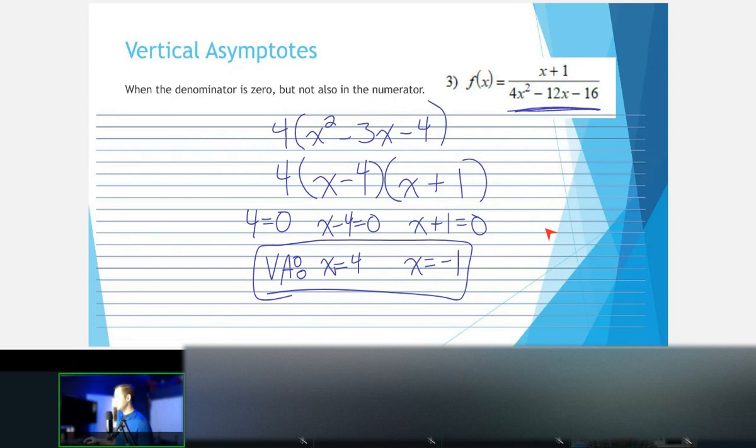Those are your solutions. Those are your VAs. So if you graph this, it would cross at x equals 4 and x equals -1. That tells us those are your VAs. So instead of solving by factoring, we could solve by graphing. You mean the denominator, Enzo?